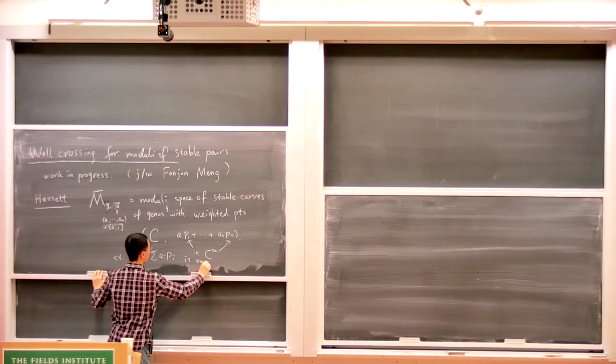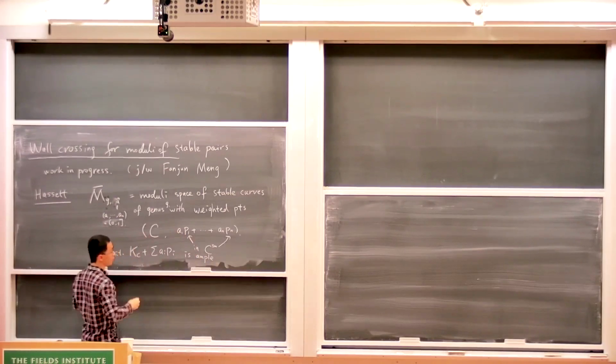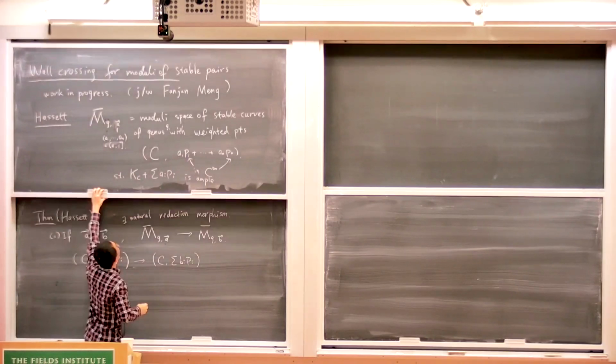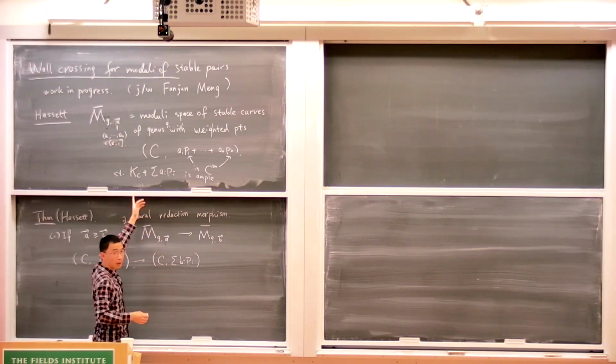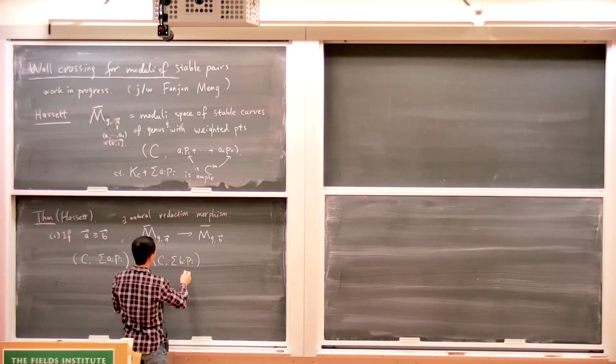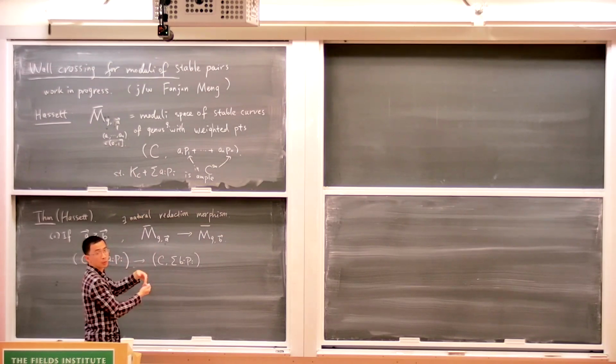So this is the stability condition. Right, so once you replace the weights, this might no longer be ample. And so what you have to do is to contract the components where the degree becomes negative or 0.